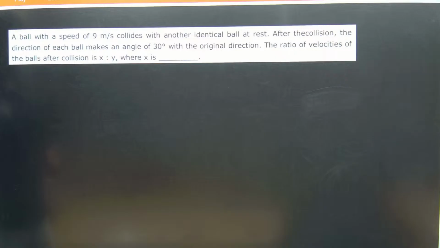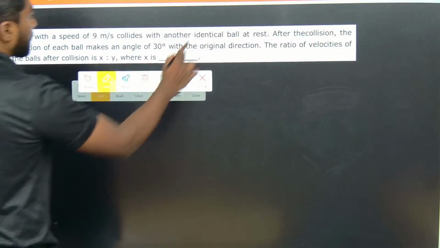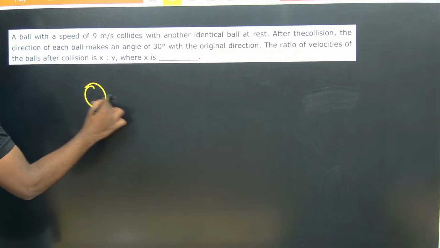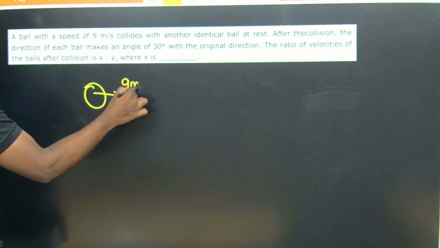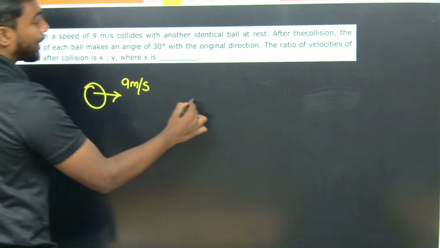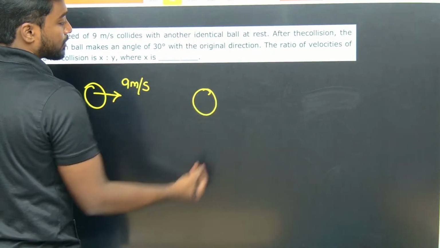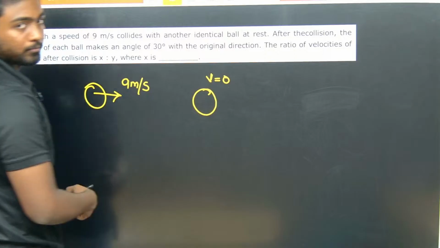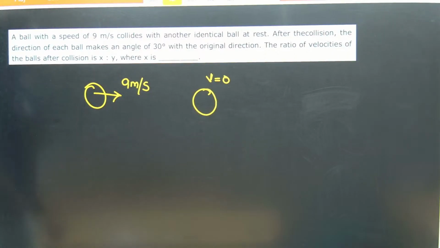Let me take a pen now. The diagram will look like this. A ball is going with 9 meter per second and collides with another identical ball at rest, so this velocity is 0, the same identical ball.